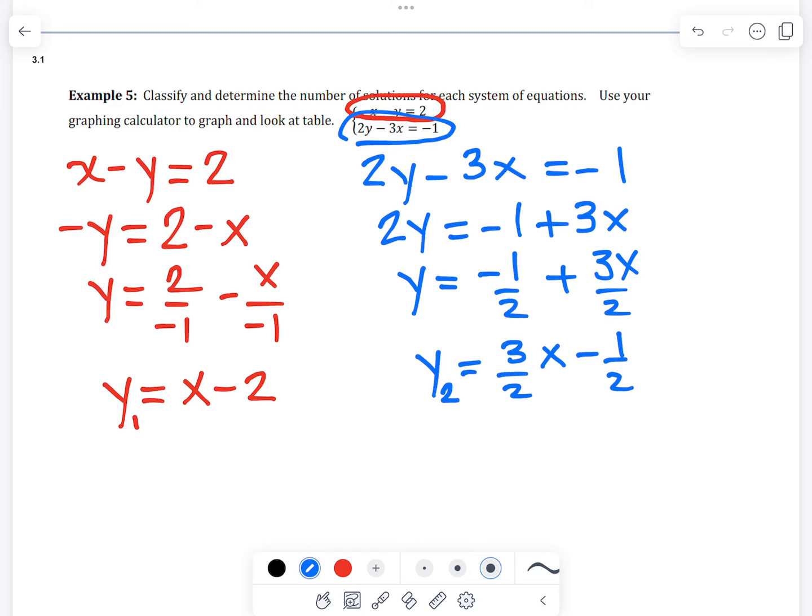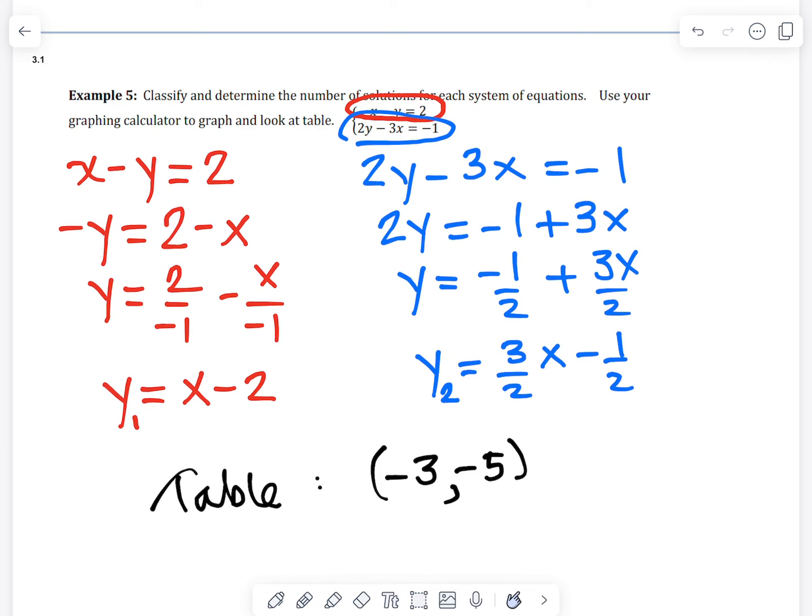So then what you would do is you would graph the two equations, and then you'd look at the table in the graphing calculator. And what the table is going to show you, it's going to intersect at the solution point of -3, -5.